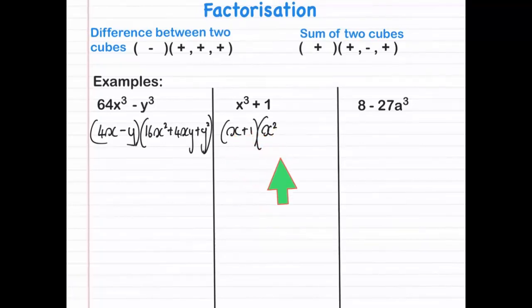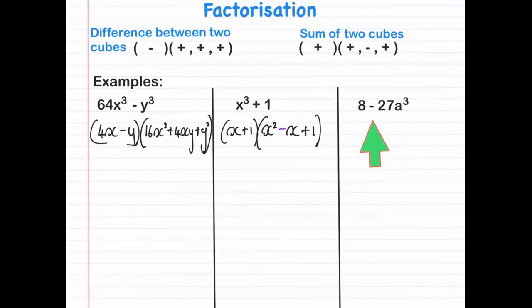Then x times 1, and remember, this will be minus 1x. I don't have to write the 1, because 1 times x is 1x. The middle one will have a minus, because it's the sum of two cubes. And then 1 to the power of 2 is also 1, and I am done.